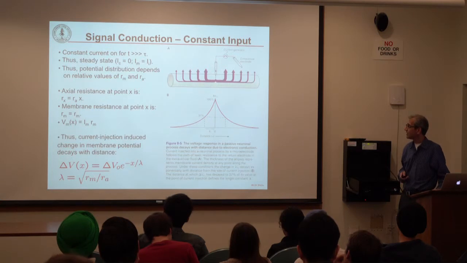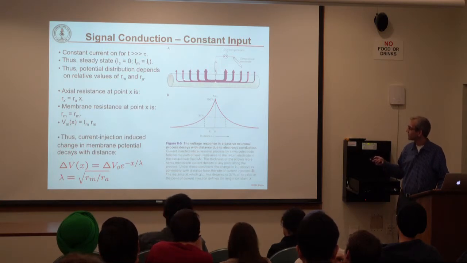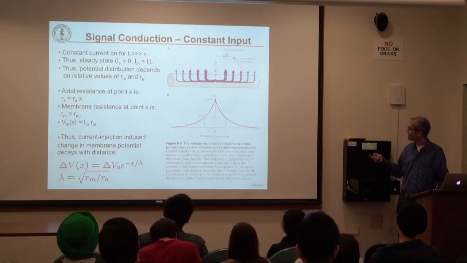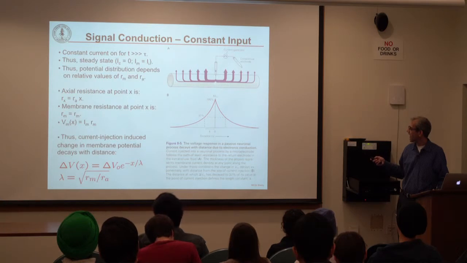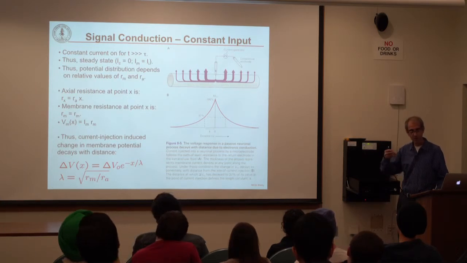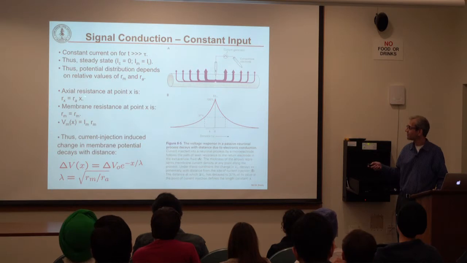Okay. So let's consider that at some point along this length, let's call it x, maybe we can define this to be 0, and over here, this is the x-axis. So this is some x here. So the resistance to go from here over to here is the axial resistance Ra per unit length times that length, so Ra x.